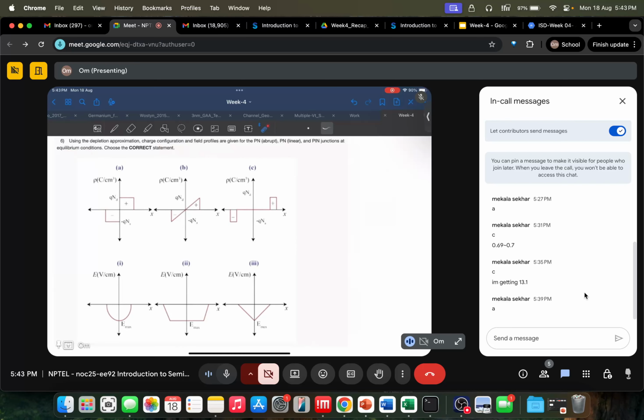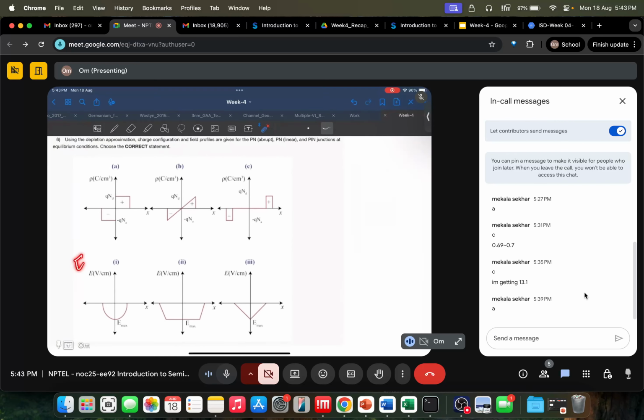We have to match the corresponding space charge with their corresponding electric field plots. Let's see how to do this. We have already seen this in the recap of the course in the starting.